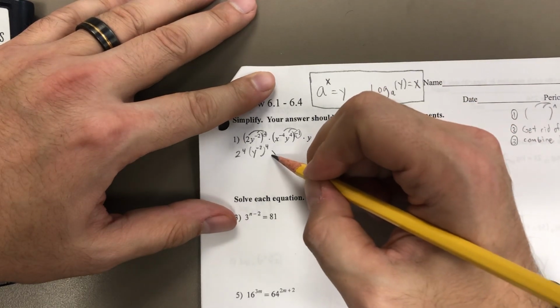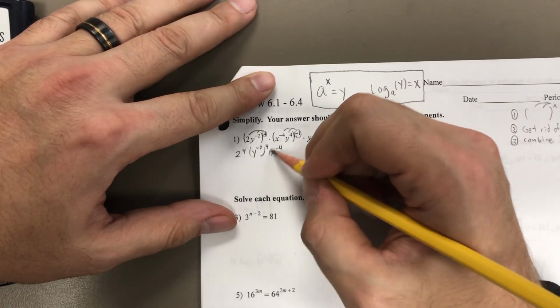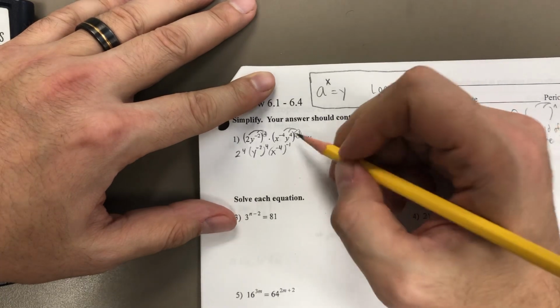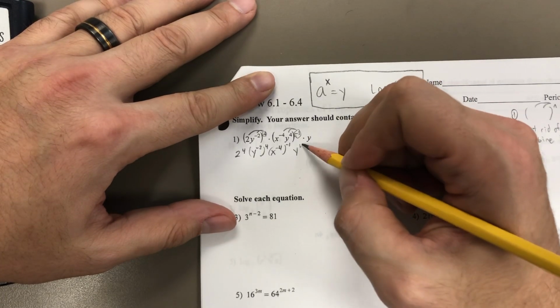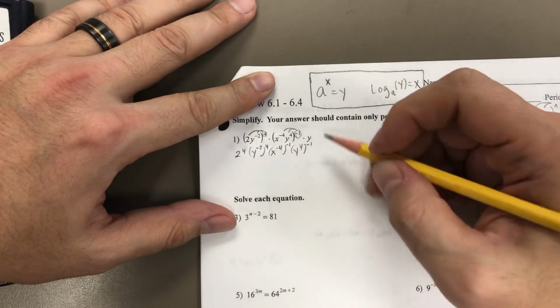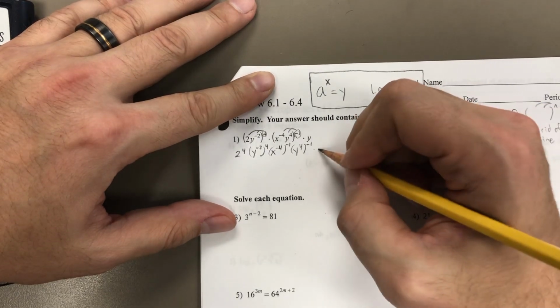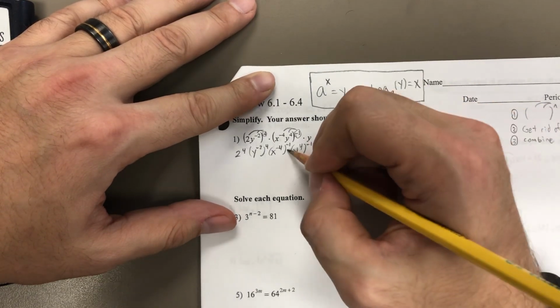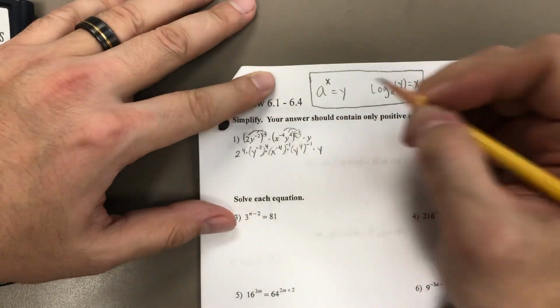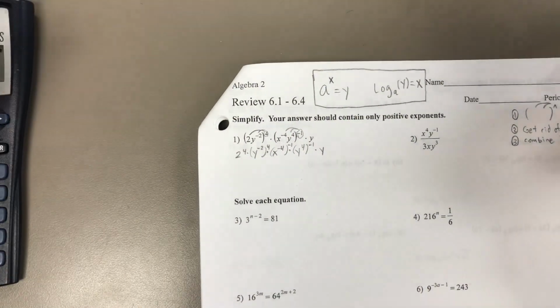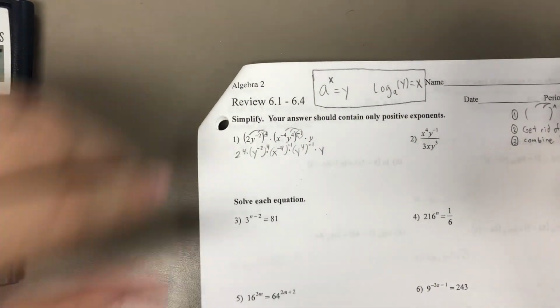So I get x to the negative 4th raised to the power of negative 1, and separately I get y to the 4th also raised to the negative 1st power. And then I have this y that's just floating around at the very end there. All these things are multiplying together, so I can combine them as I see fit.